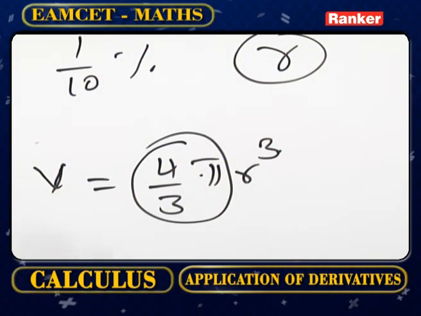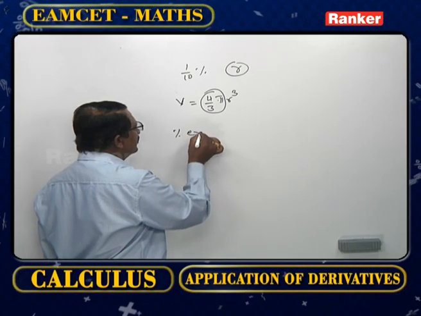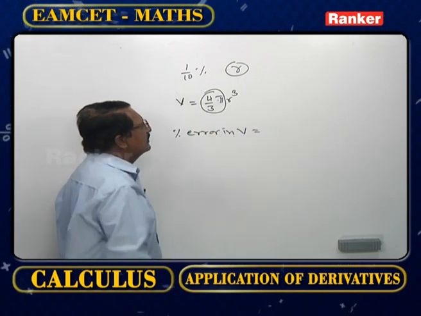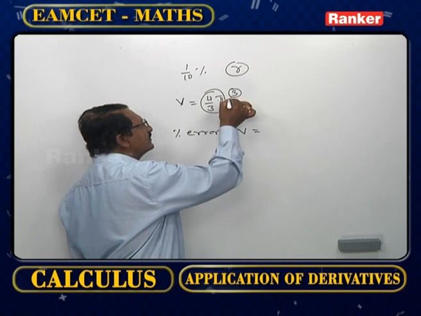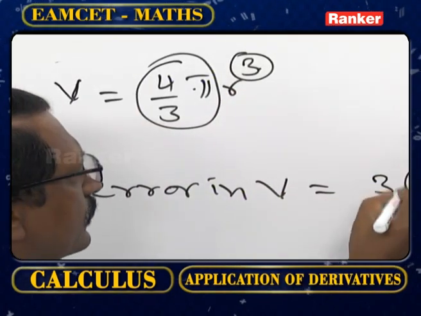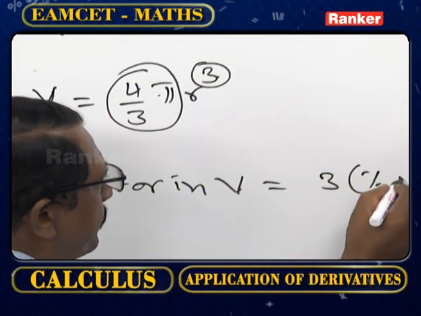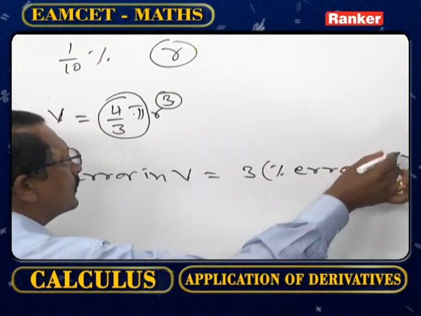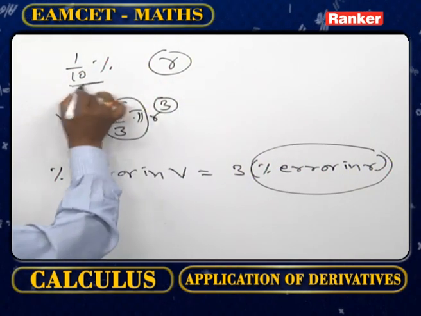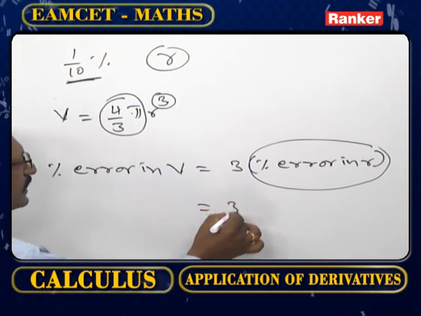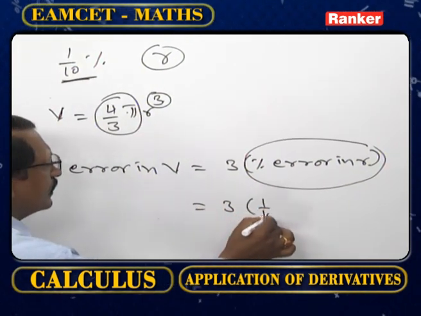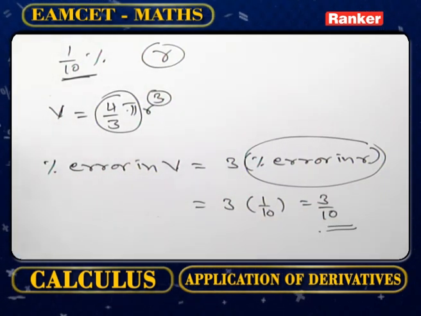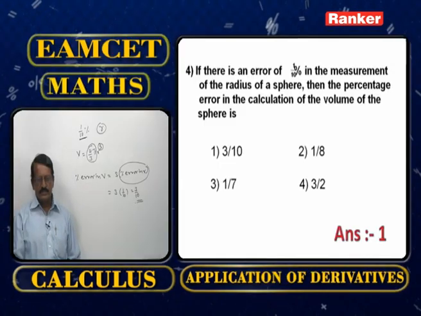Now percentage error in V equals 3 into percentage error in R. But percentage error in R is given as 1 by 10. That equals 3 into 1 by 10, which equals 3 by 10 percent in calculating volume. Now the first option is correct.